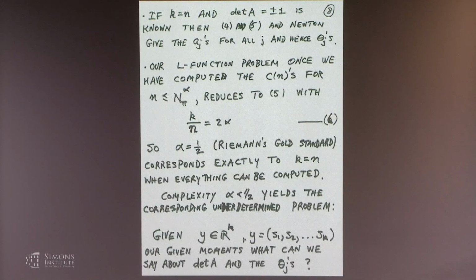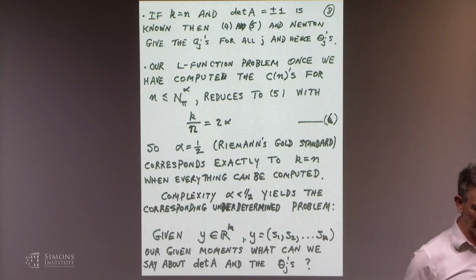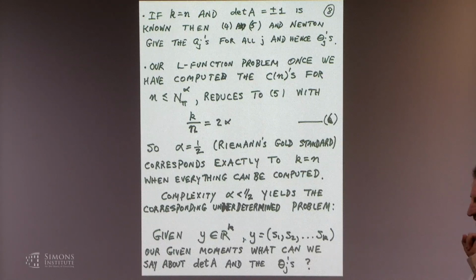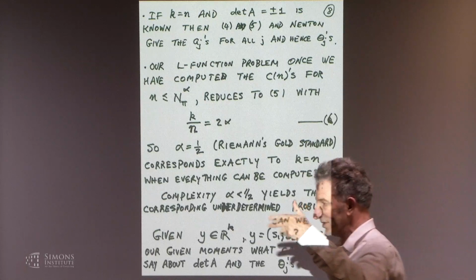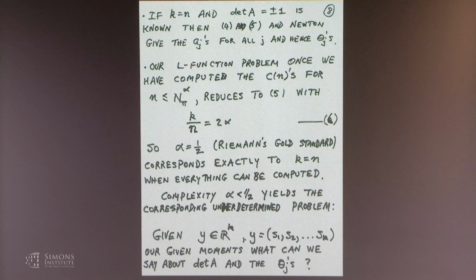So if k equals n and you know the determinant, then, remember, the orthogonal matrix was size 2n plus 1. If I know the determinant, that's one of the eigenvalues. Then I have another 2n unknowns, but because it's orthogonal, if theta is an eigenvalue, then so is minus theta. So I just have n unknowns if k equals n, and n equations.